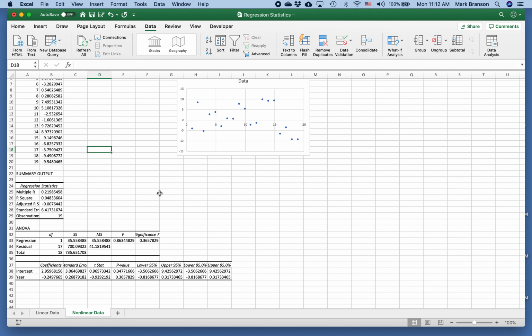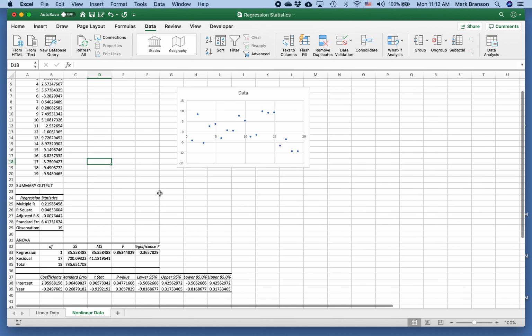Now, one thing to be cautious of, if you have data that fits some other kind of model, so like an exponential or a power model, you may find that the significance says, oh, this fits a linear model, because it may be close enough that there is some sort of linear dependence.